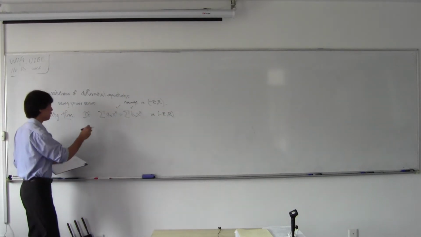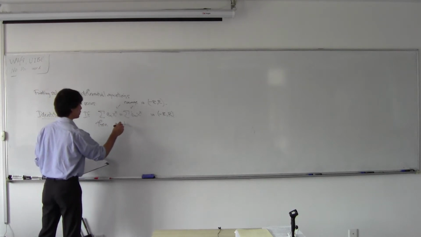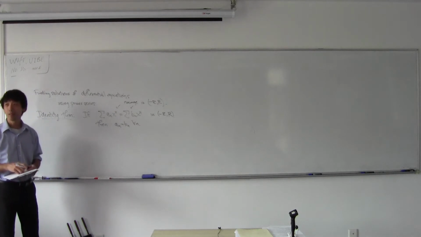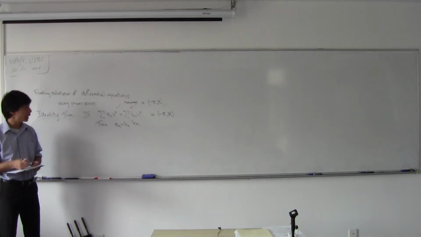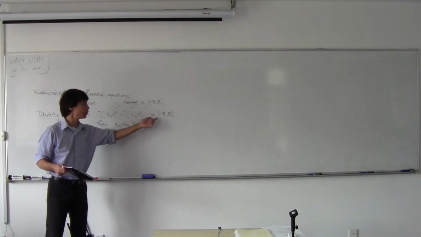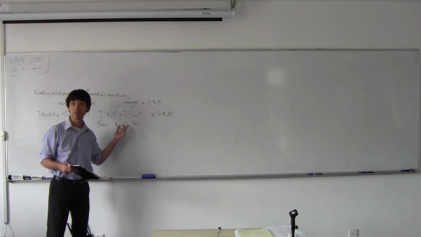Then all the coefficients have to be the same: a sub n equals b sub n for all n. If they agree on some small interval, then they have to be completely identical.